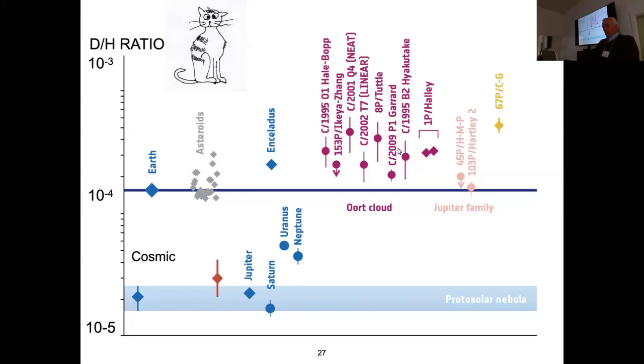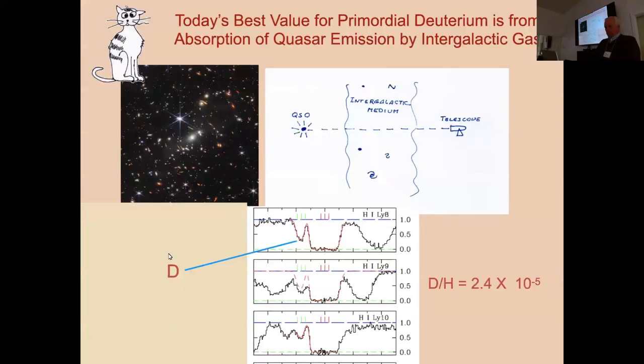So the idea that all the oceans came from comets isn't true, and the Earth's value agrees very closely with meteorites. So a lot of the water on the Earth actually came from asteroids and meteorites. Some was certainly added from comets, but comets as the unique source didn't hold up. Okay, so that's kind of an aside.